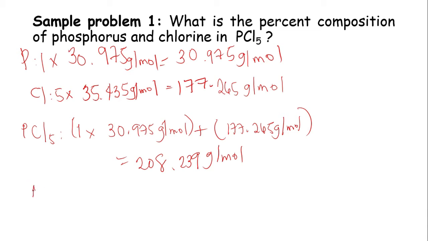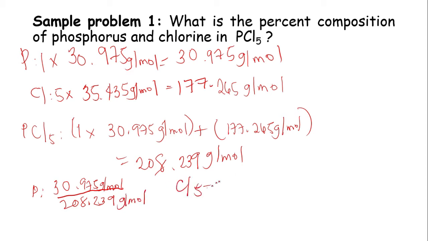So to do that, phosphorus is equal to 30.975 grams per mole over 208.239 grams per mole. For chlorine, Cl5, we have 177.265 grams per mole over 208.239.